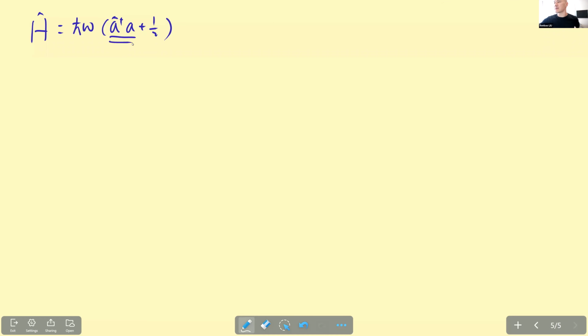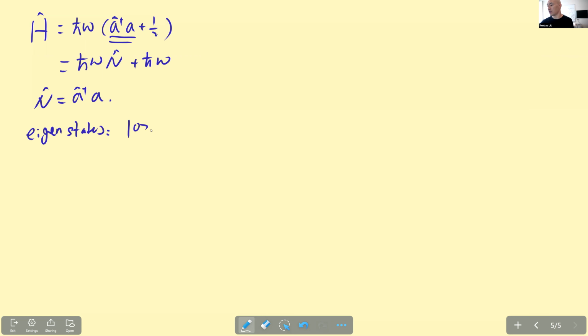Let me use a one-symbol notation: this n just equals to A dagger A. So the eigenstates are just 0, 1, 2, and the energies are h bar omega over 2, then h bar omega plus h bar omega over 2, then 2 h bar omega plus h bar omega over 2, and so on and so forth.